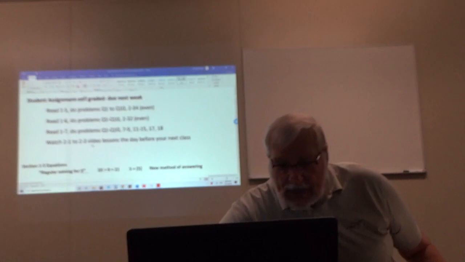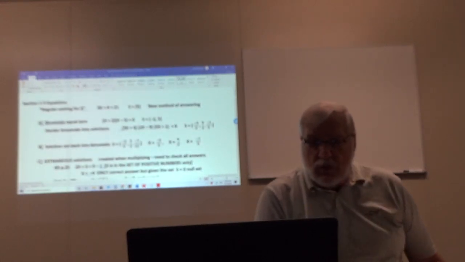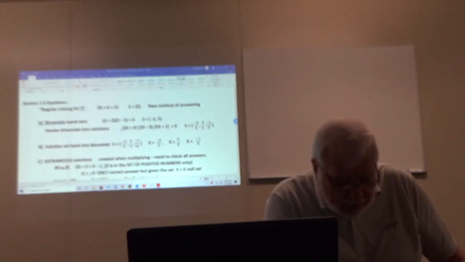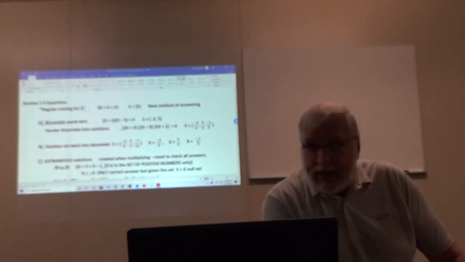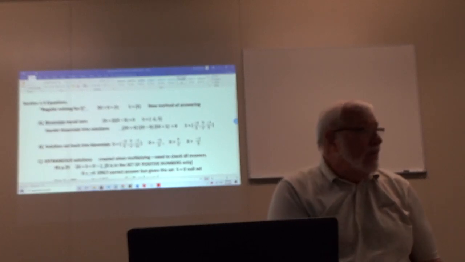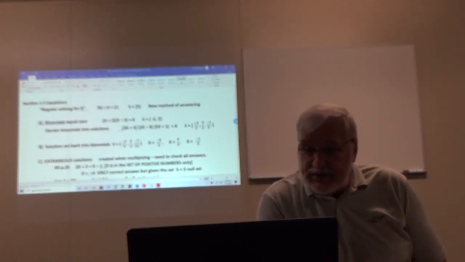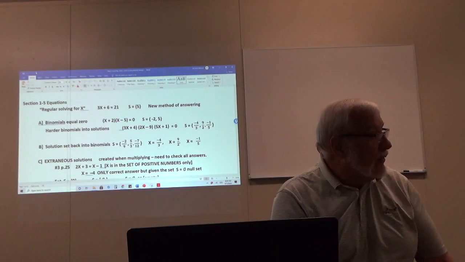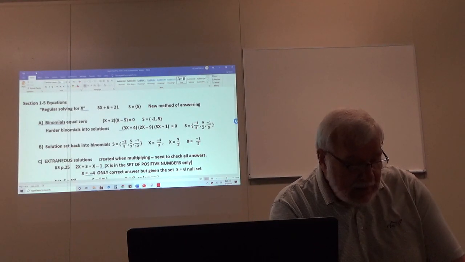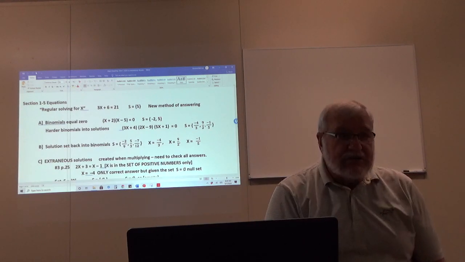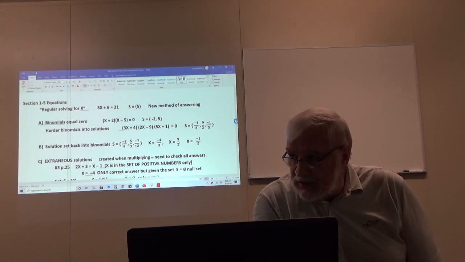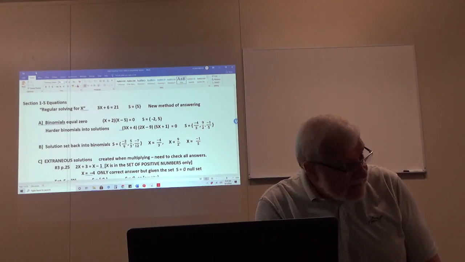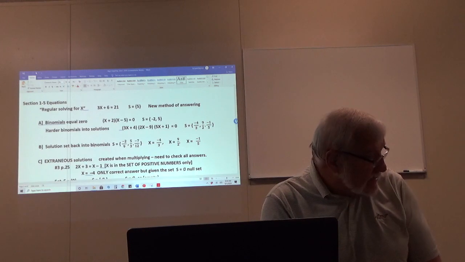Okay, now in section 1.5, if we were solving equations on page 25, we would be using the real number system. What's happening in this section is that instead of using the real number system, they're going to use some restrictive systems.